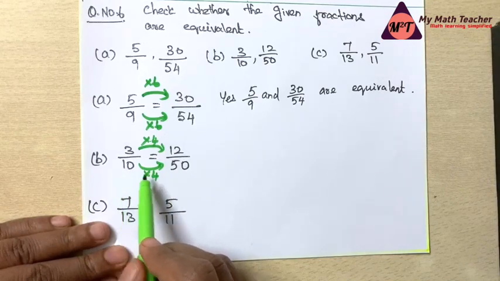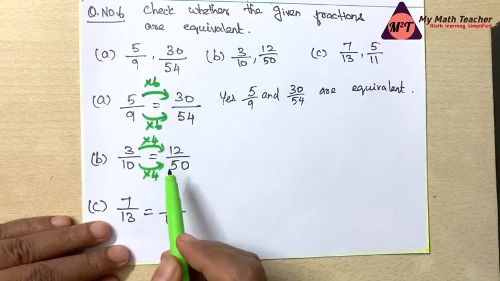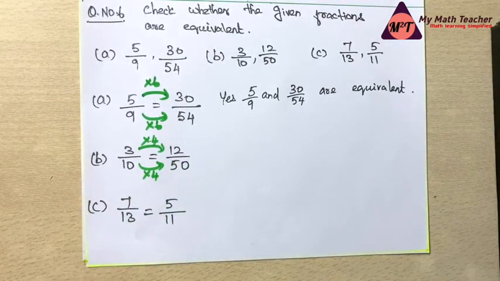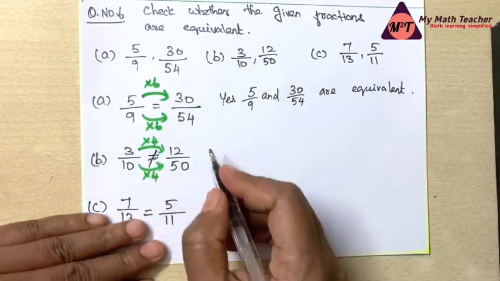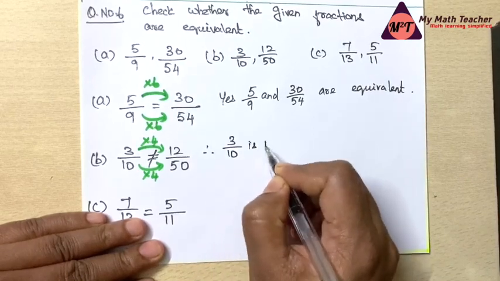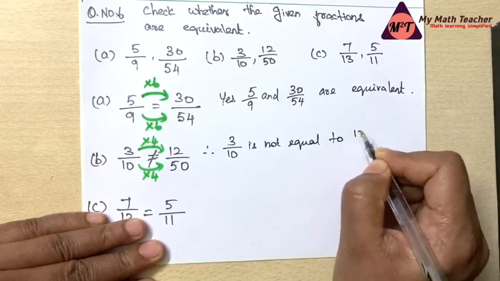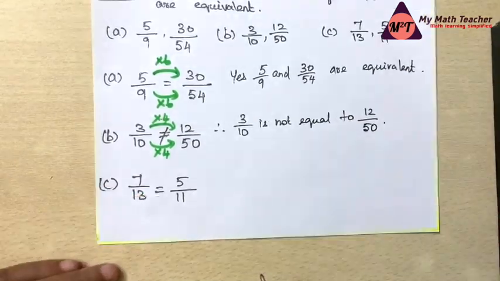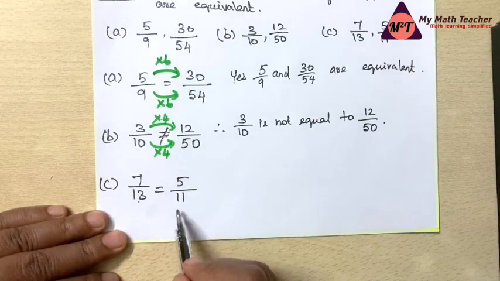Here 10 into 4 will be 40, whereas here it is mentioned as 50. So we can say they are not equivalent fractions. Therefore 3 by 10 is not equal to 12 by 50.